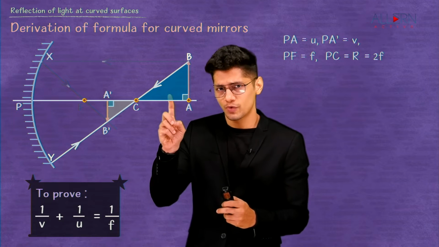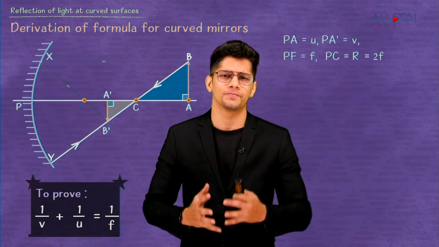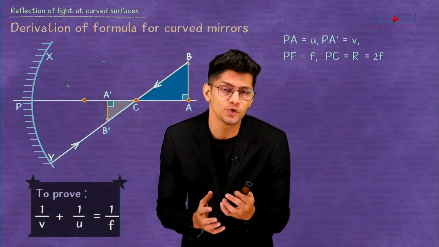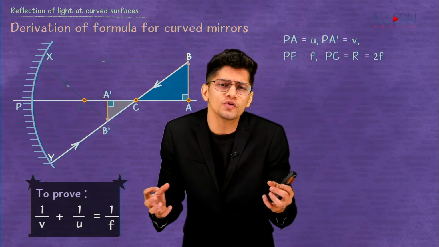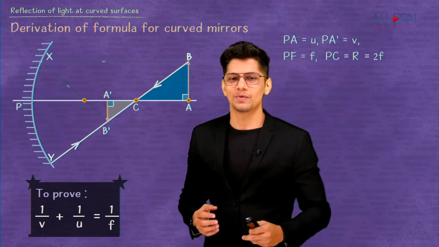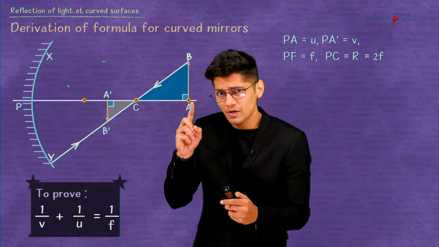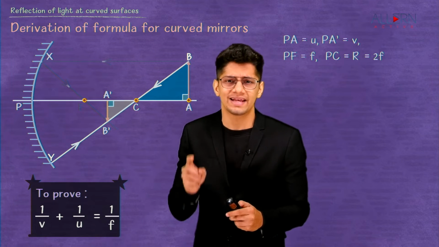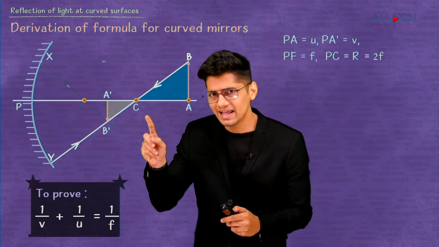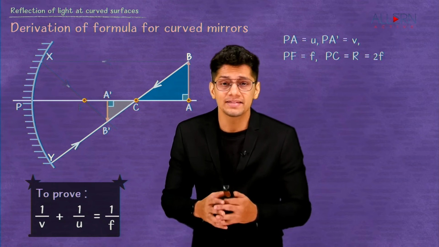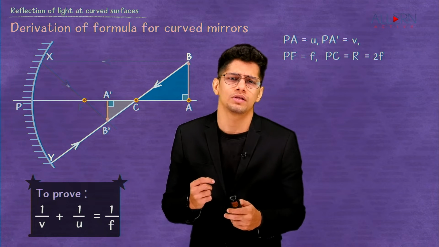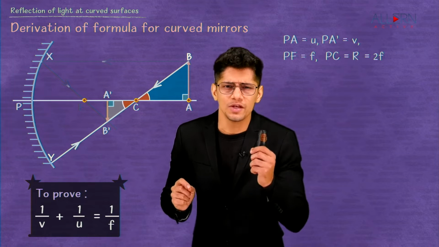So we have these two triangles. Let's try and prove them similar. One of the easiest ways is the AA criterion, for which we just need to prove two angles to be equal. Here I can already see one angle equal, that is angle BAC equal to angle B dash A dash C. I can see one more pair of angles to be equal. Can you guess the reason?